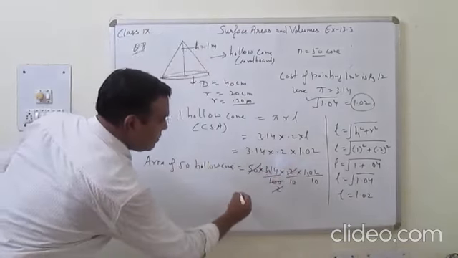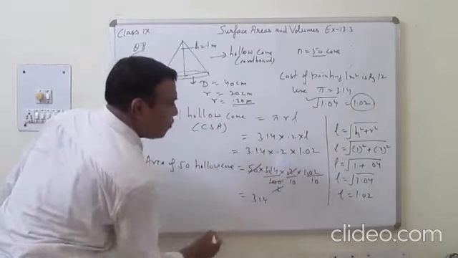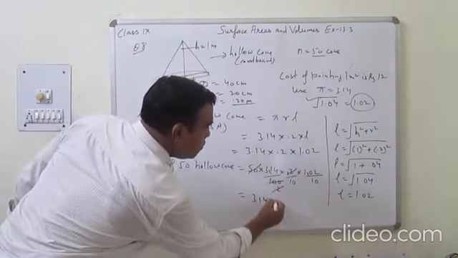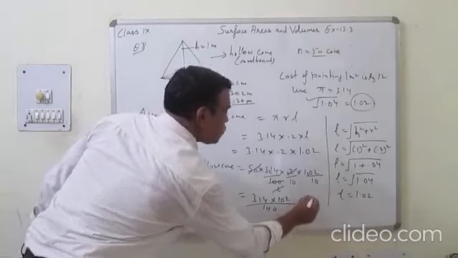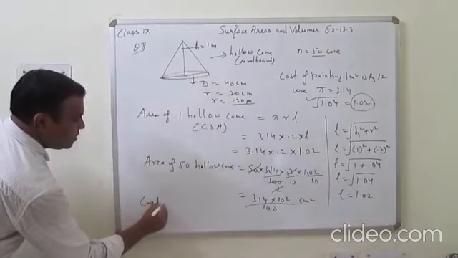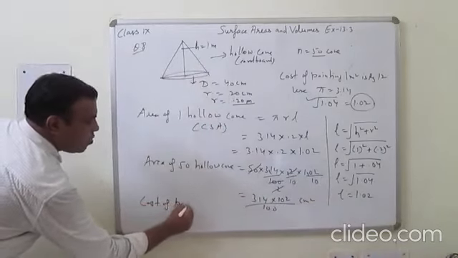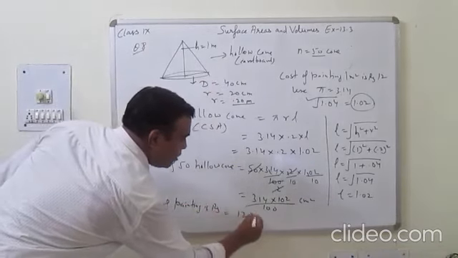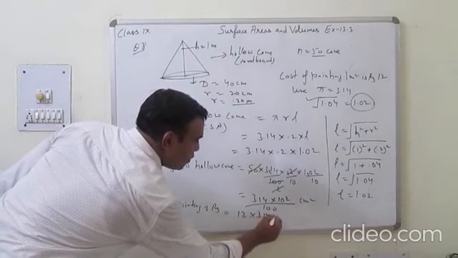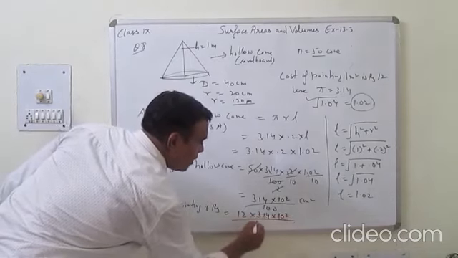Now finally it will come 314 into 102 upon 100 meter square. So cost of painting, इसको कितने से मल्टीप्लाई करेंगे? इसको 12 से मल्टीप्लाई कर दीजिए. 12 into 314 into 102 upon 100.